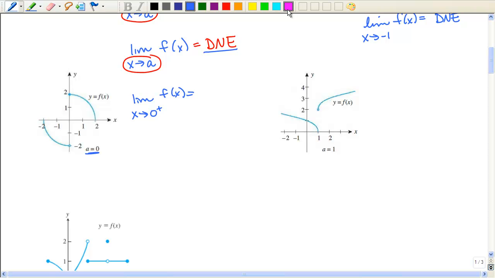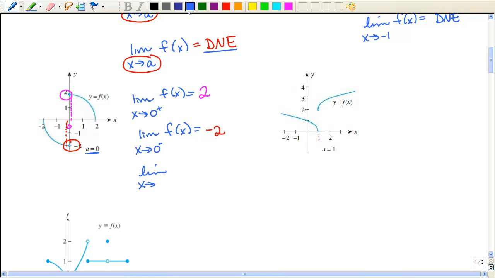Next one, we want the limit as x approaches 0 from the right-hand side. Here's 0. I want to go a little bit bigger than 0. What is my y value getting close to? 2. Then we have as x approaches 0 from the left-hand side, a little bit left of 0. I'd have to come down here to this part of the function, and that's -2.